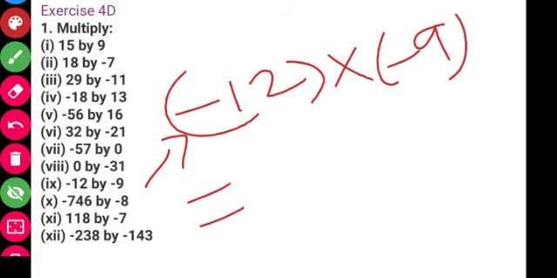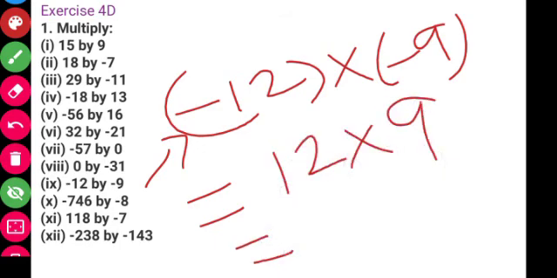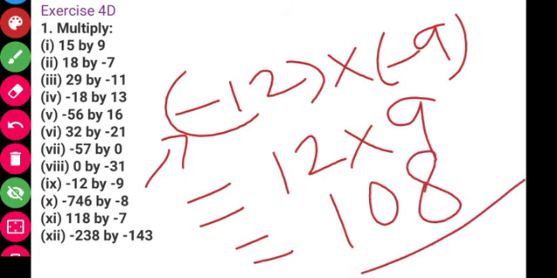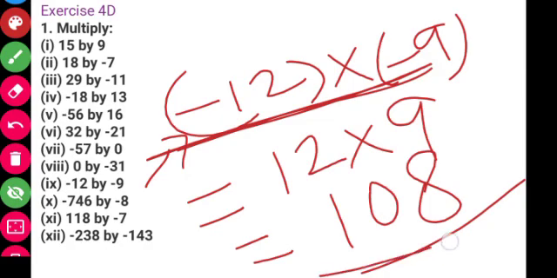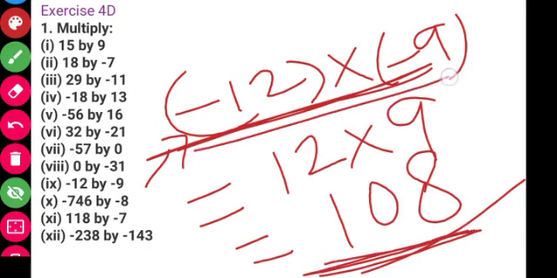So you write plus. 12 into 9, 108. The sign will be positive because both have the same sign. In the case of the same sign, the answer will be positive, and when signs are different, the answer will be negative.